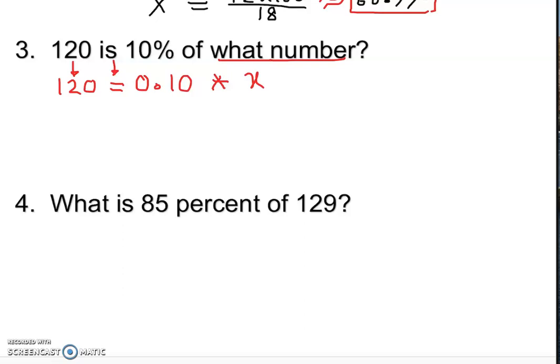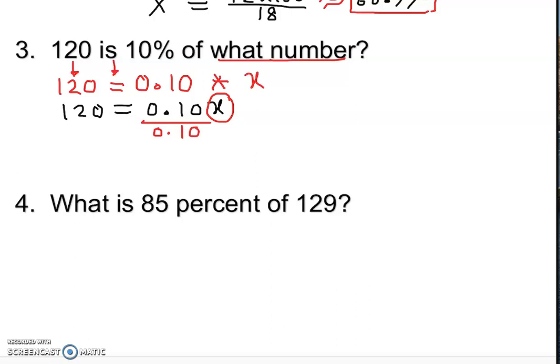So we have 120 is equal to 0.10x, plainly like that. Now we want to isolate the variable x because that is what we are looking for. So we are going to divide by 0.10. Again, you don't have to write 0 point because there is no whole number here.